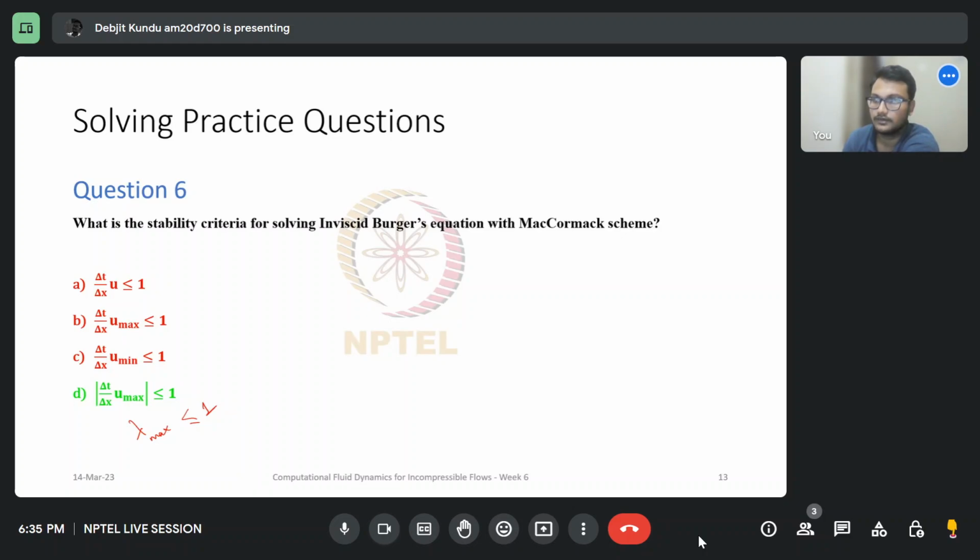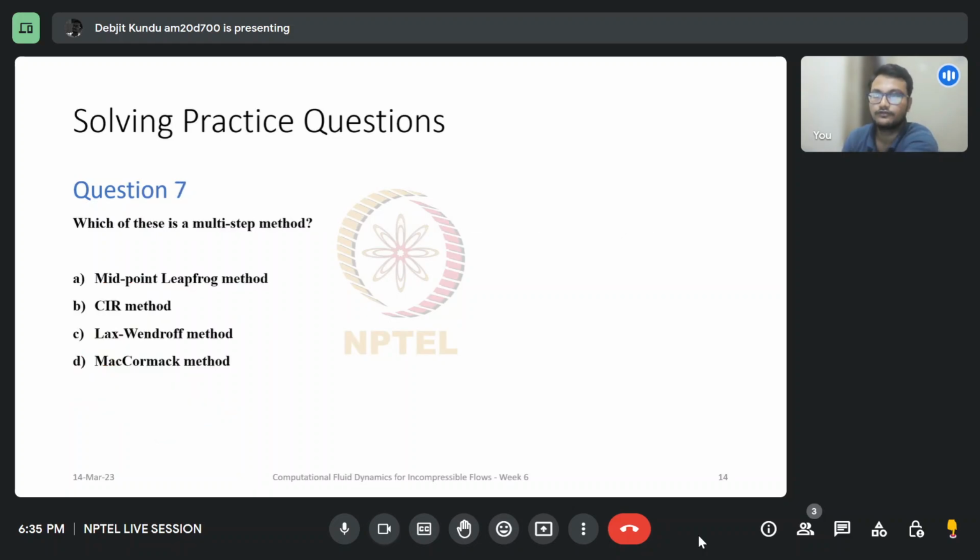Okay. Let's move on to question number 7 of today's session, which is asking us which of these is a multi-step method. Is it option A, midpoint leapfrog method? Is it option B, CIR method? Is it option C, Lax-Wendroff method?